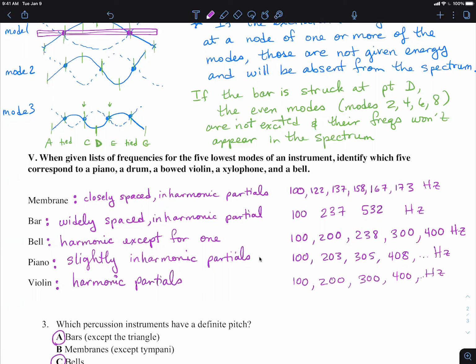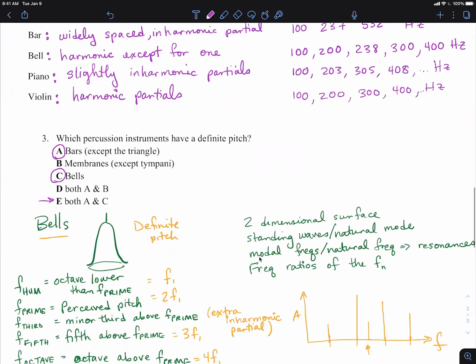What you need to understand are the words that I wrote and how those words relate to any set of numbers, whether they're harmonic or inharmonic, closely spaced in frequency, or widely spaced in frequency.